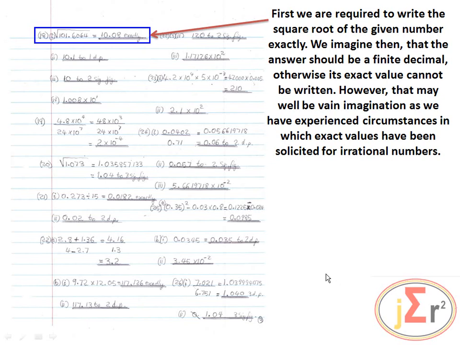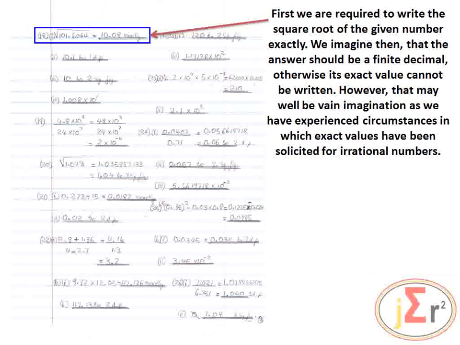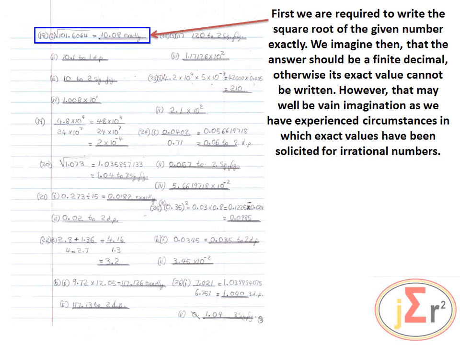Although we are hoping, you know that we have done it already, but I'm just saying for the purpose of clarification that you will find circumstances in which the exact value of something is solicited and there is no way it can be supplied, especially in decimal form.